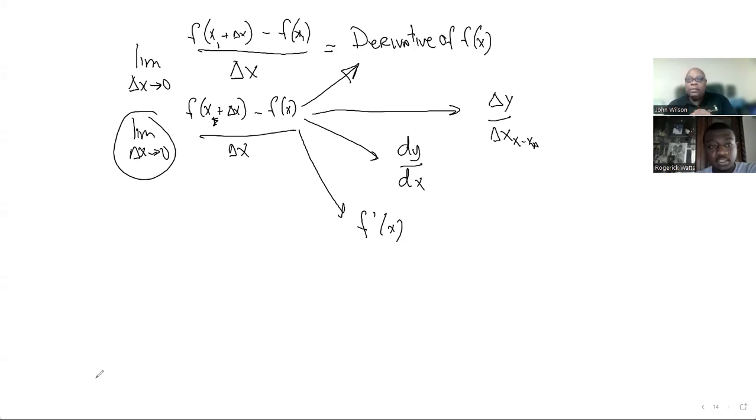The subscript reminds you it's a given point. Yes, the a is a subscript too, x sub a.